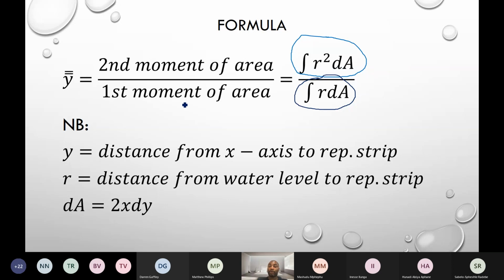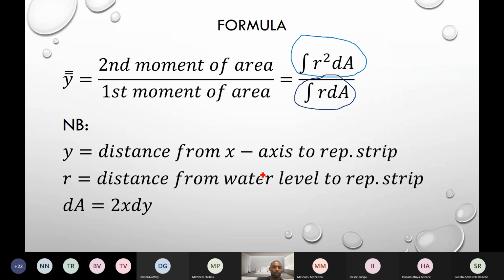Now, something very important to take note. Y is the distance from the x-axis to the representative strip, like the center of the representative strip.